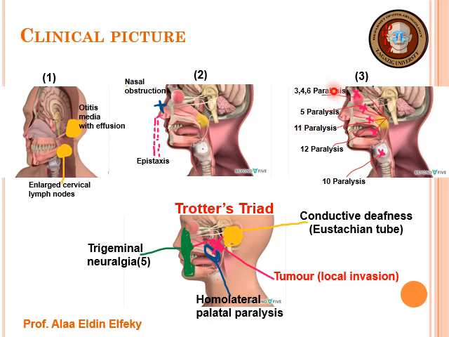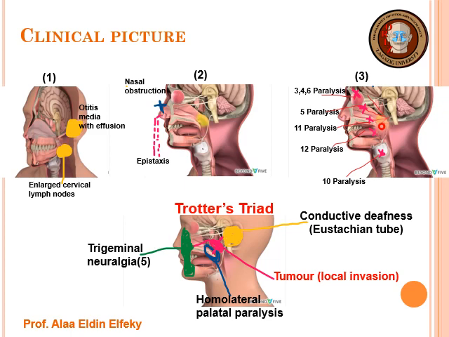This will be affection of the third, fourth, and sixth cranial nerves. This will be called paralysis and called ophthalmoplegia. Then fifth nerve paralysis, this will cause trigeminal neuralgia. Then 9th nerve paralysis, this will cause palatal paralysis.